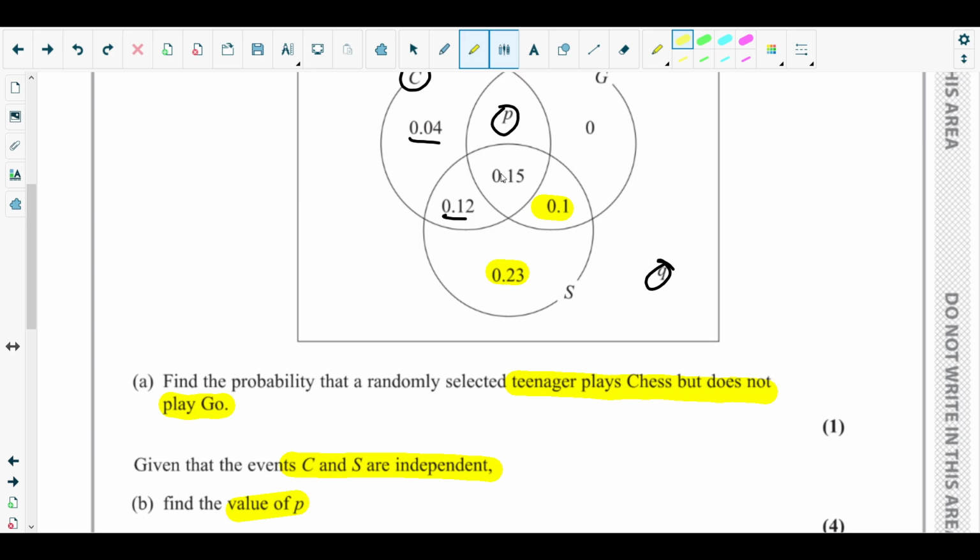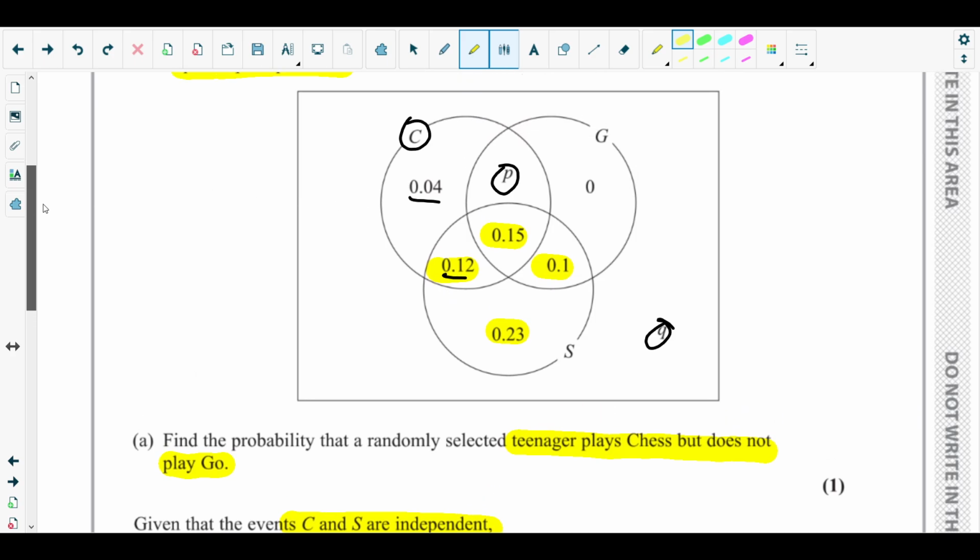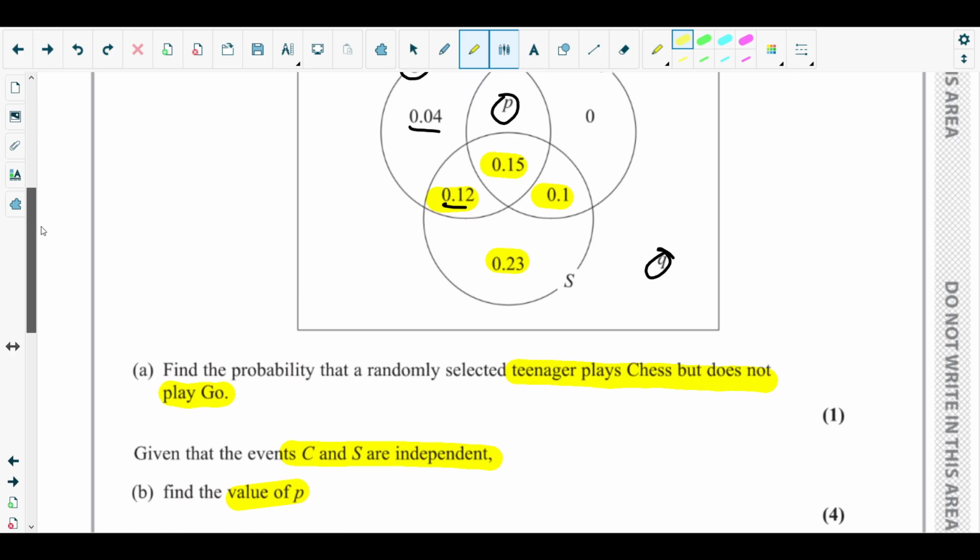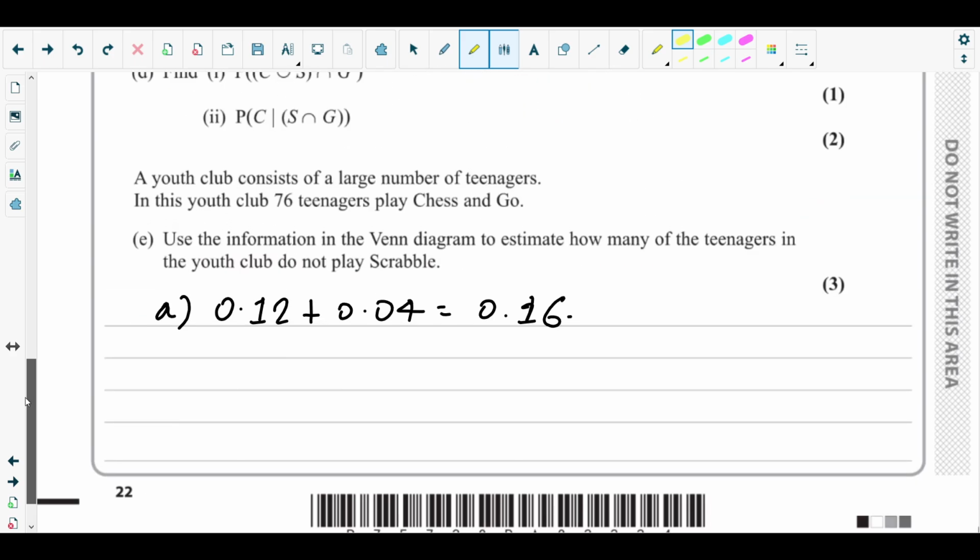I'm adding up the values. So 0.33 plus 0.15 is 0.48, plus 0.12 is 0.6. So we got the probability of S, which is 0.6. This is the probability of playing Scrabble.